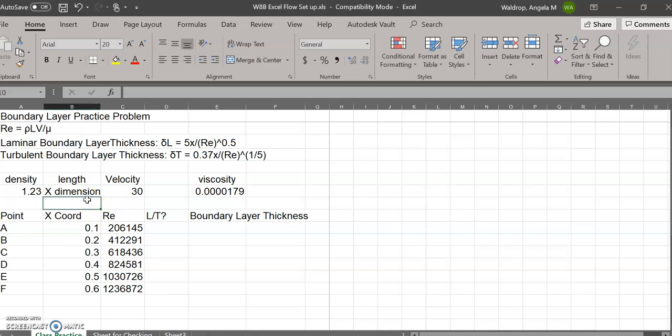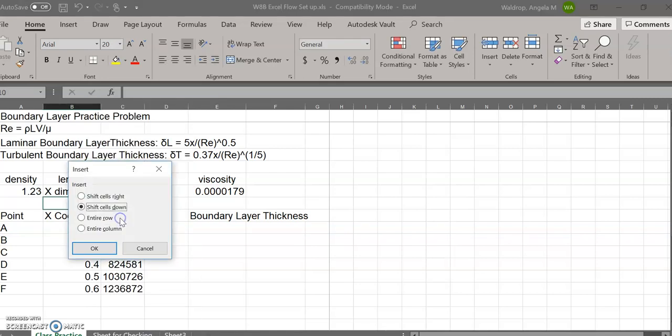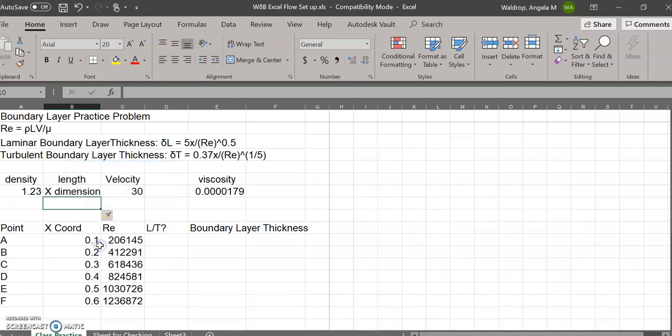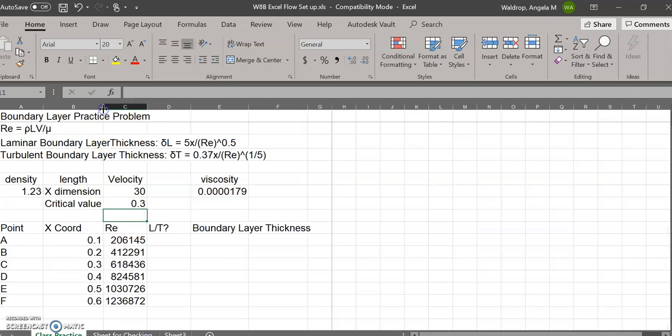I'm going to put in another row, and I'm going to say here, critical value, okay? And I'm going to type in 0.3 here. That way I know anything below 0.3 is laminar. Anything that is above it is going to be turbulent.